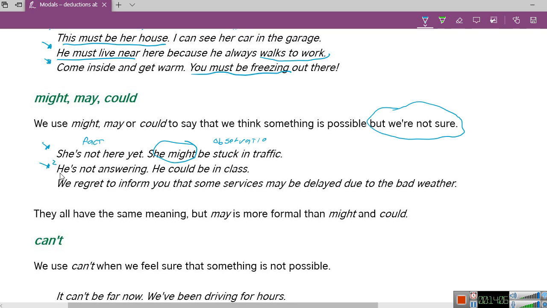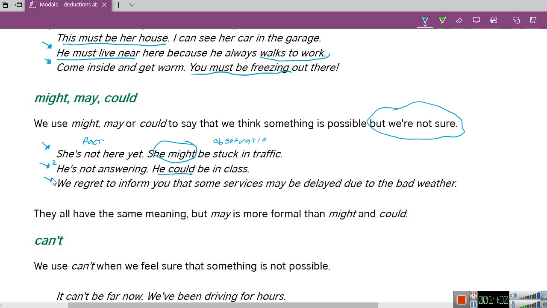He could be in class. So I'm using he could again because there's a ton of possibilities he could be doing, but I'm choosing this because it seems likely, but I'm also telling you that I'm not so sure about that. So I'm letting you know that with the modal verb could.